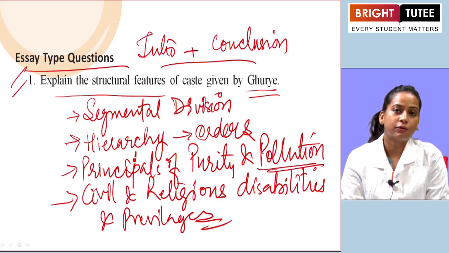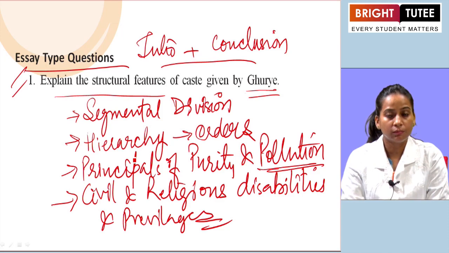And according to the Hindu caste system, Brahmins are the ones who are always enjoying these benefits or privileges. But on the other hand, the lower caste groups were suffering from different disabilities.